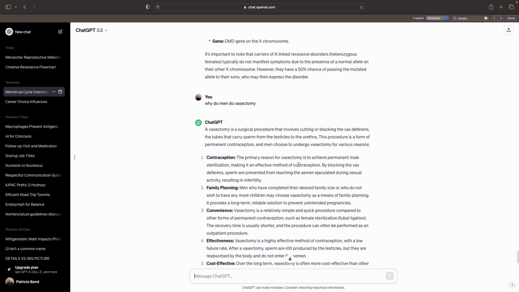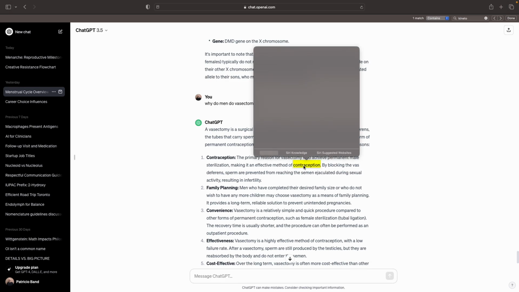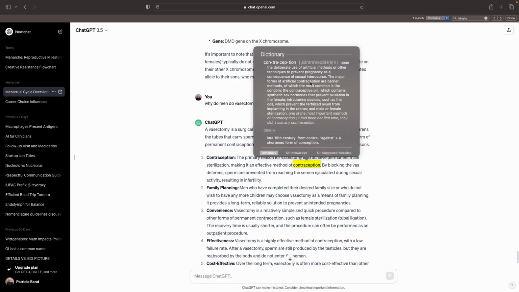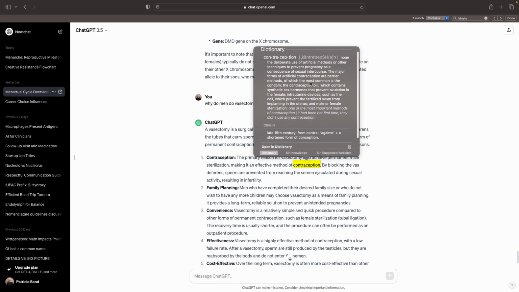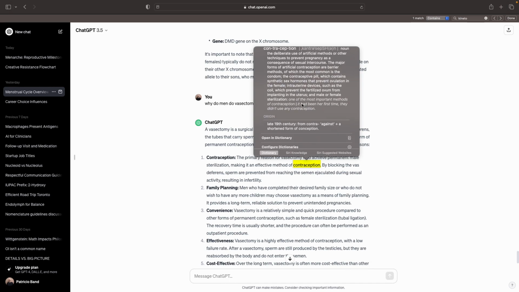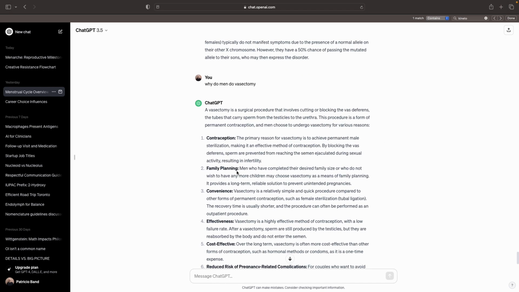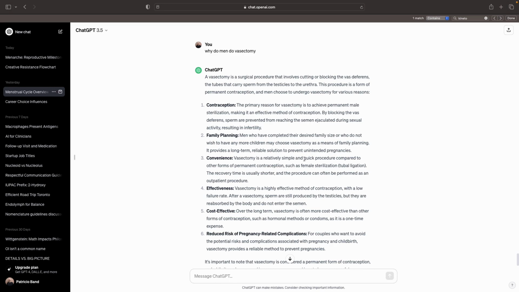Contraception is the deliberate use of artificial methods or other techniques to prevent pregnancy as a consequence of sexual intercourse. The major forms of artificial contraception are barrier methods, of which the most common is the condom; hormonal contraception, which contains synthetic sex hormones that prevent ovulation in the female; and intrauterine devices such as the coil, which prevent the fertilized ovum from implanting. Vasectomy benefits: family planning, convenience, a relatively simple, quick procedure compared to other forms of permanent contraception such as female sterilization.